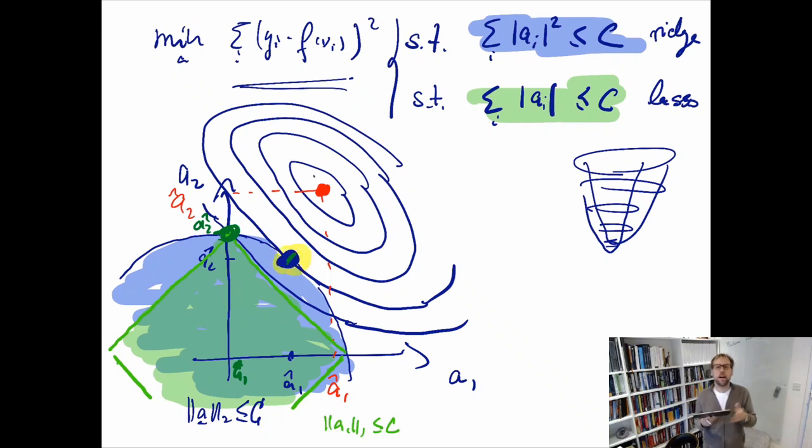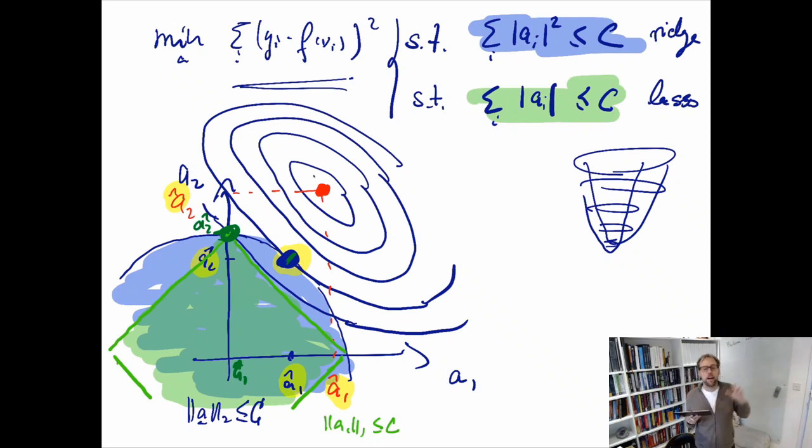Because it just touches the height line in the interior, I will have shrunken the coefficients. You see here, A1 and A2 were considerably larger. Now I have shrunken them. Both are smaller. A1 got smaller, A2 also got smaller. But none of them got to 0, because I'm more likely to touch the smallest height line somewhere in the interior region.